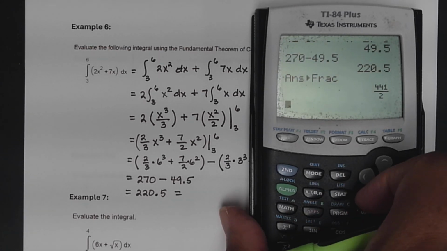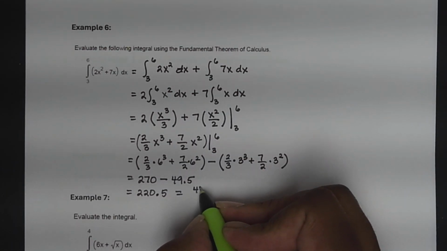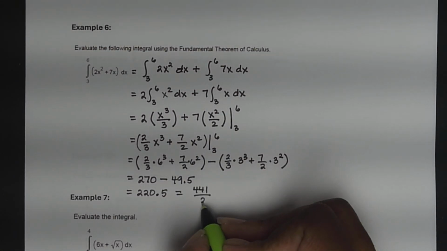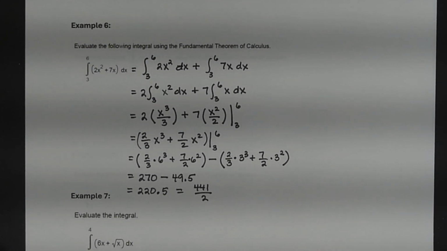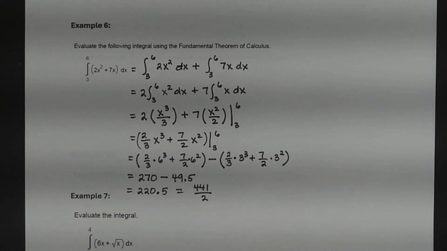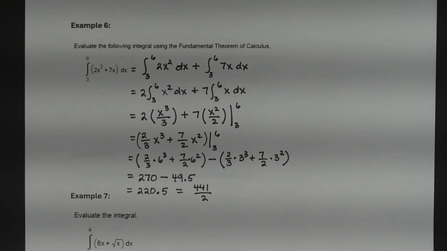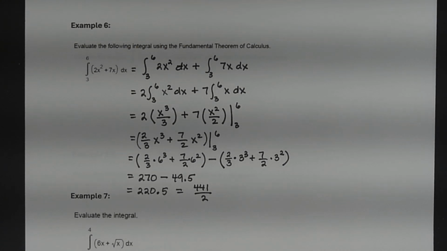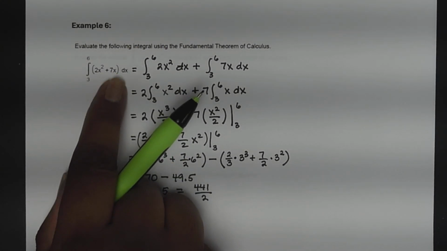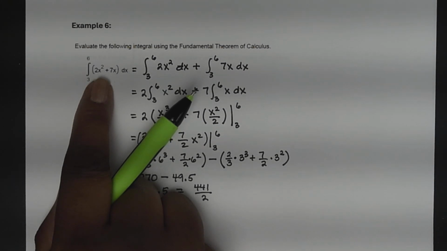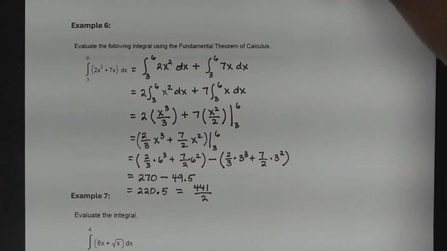And that will give you 441/2. So the integral from 3 to 6 of 2x squared plus 7x dx ends up being, as a fraction, 441 halves. That represents the area of the curve, the area that's bounded by the graph of this function and the x-axis from 3 to 6.